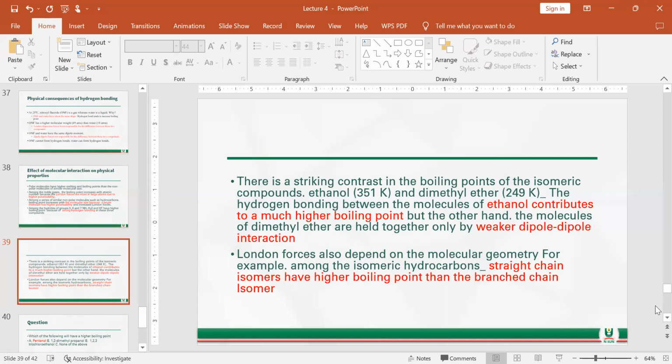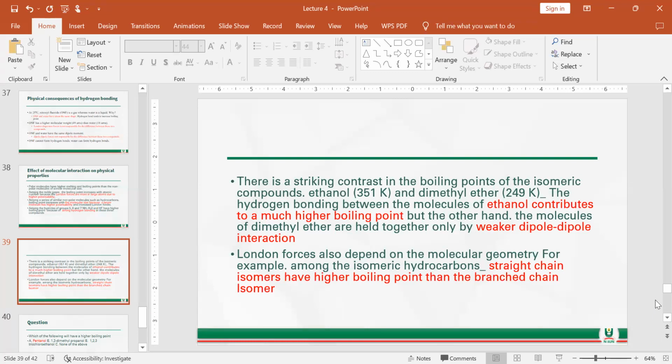London force also depends on the molecular geometry. For example, among isomeric hydrocarbons, straight chain hydrocarbons have higher boiling points than branched chain ones. Ethanol has a higher boiling point than its isomer, dimethyl ether.